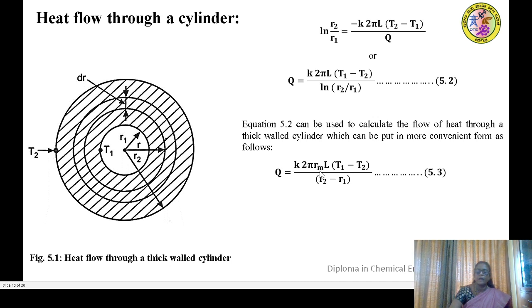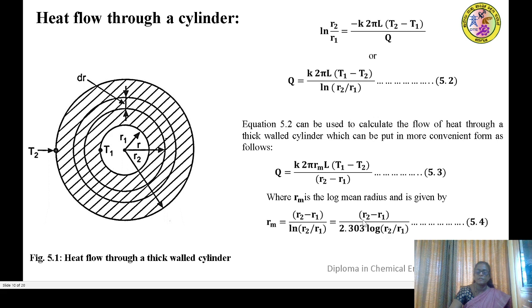Okay. And this Rm is given by R2 minus R1 divided by ln R2 by R1. And this entire term 2 pi RML will become AM, the logarithmic mean radius. Okay, we can write the Rm equation like this. Rm is equal to R2 minus R1 divided by ln R2 by R1 equals R2 minus R1.